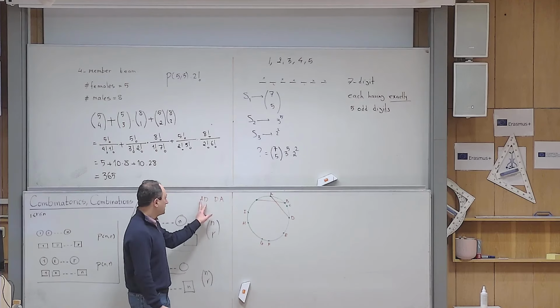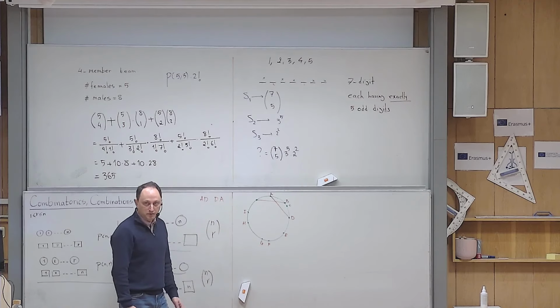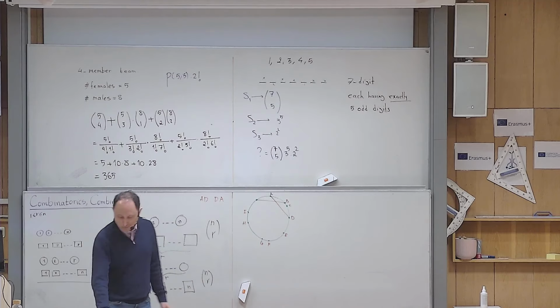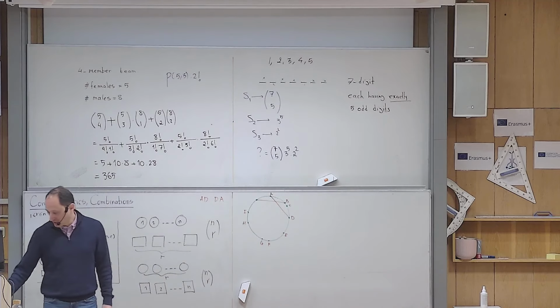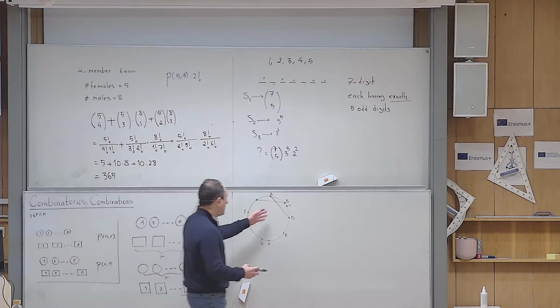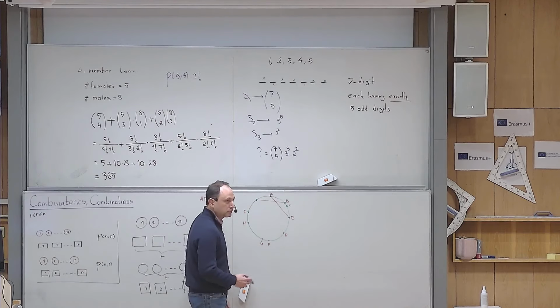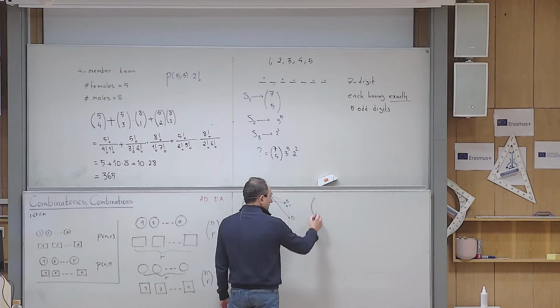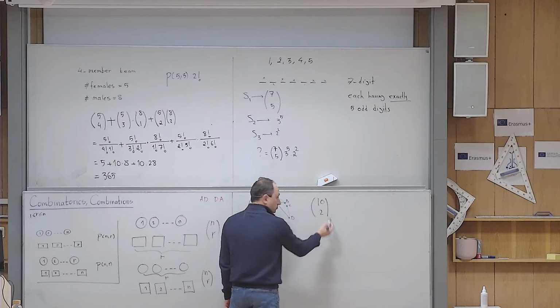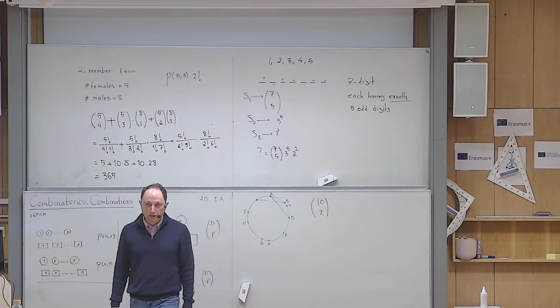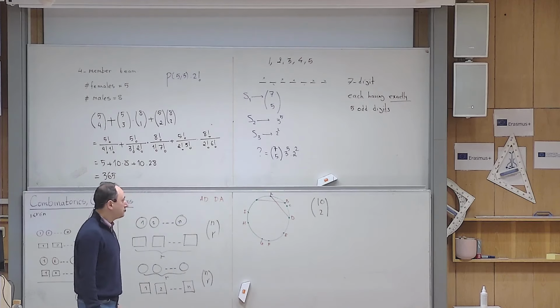So you see that the order in which I put the names does not matter. So what's the answer to this question? How many line segments will I be able to construct? 10 choose 2. Yes?